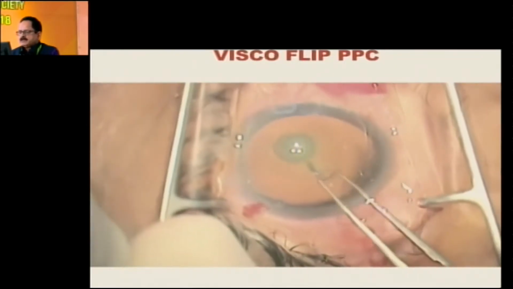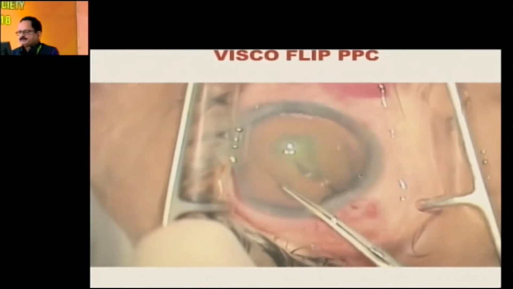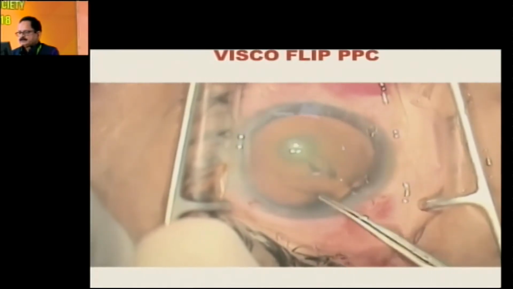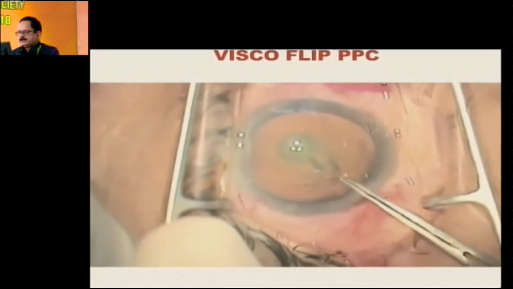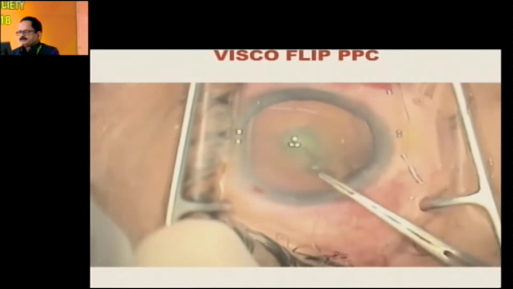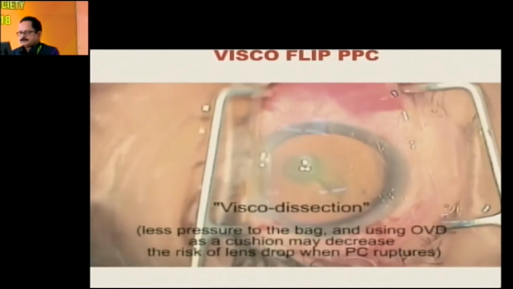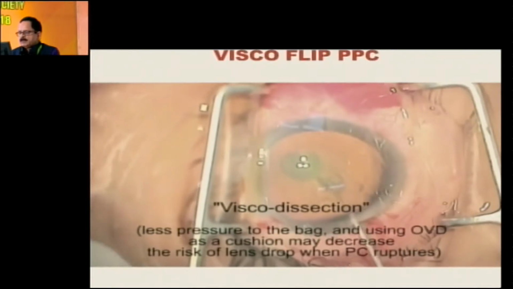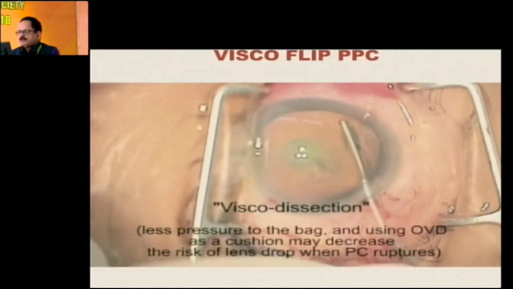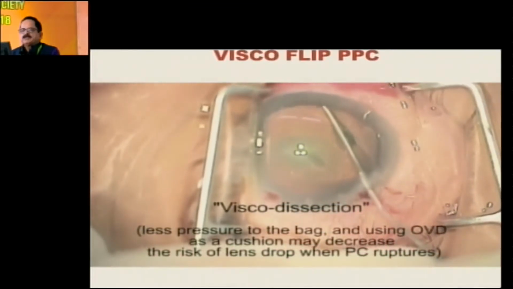A CCC was done. Now we do a gentle visco dissection. Normally visco doesn't cause pressure on the posterior pole.